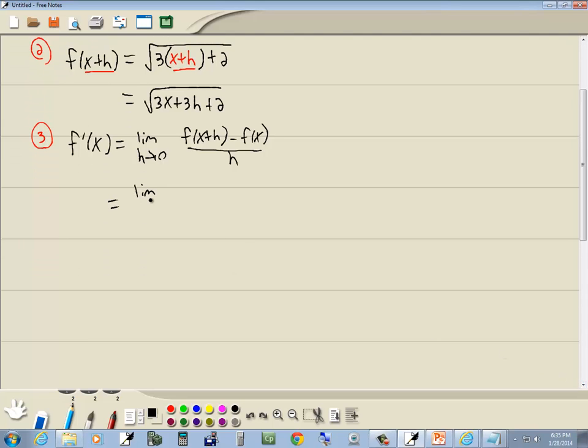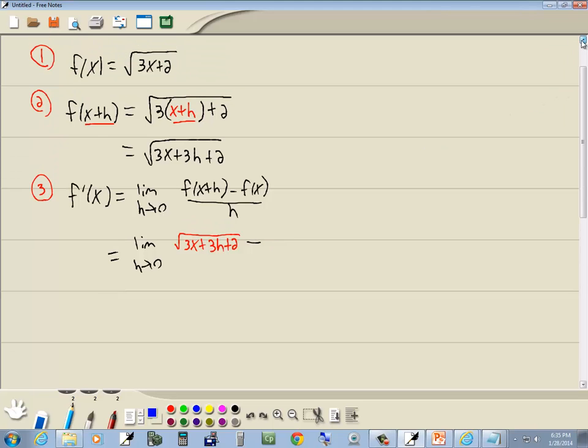So plug in everything we found. f of x plus h from step 2 was the square root of 3x plus 3h plus 2, minus f of x, which was from step 1 the square root of 3x plus 2, all over h.